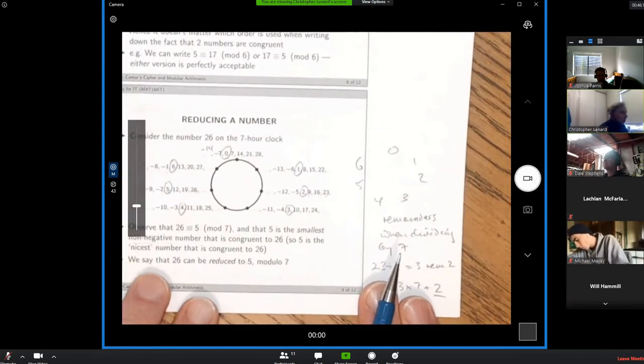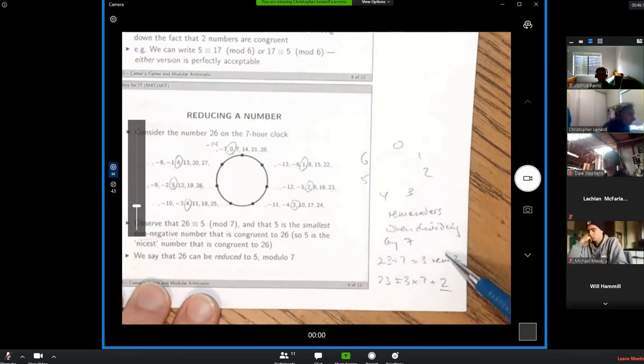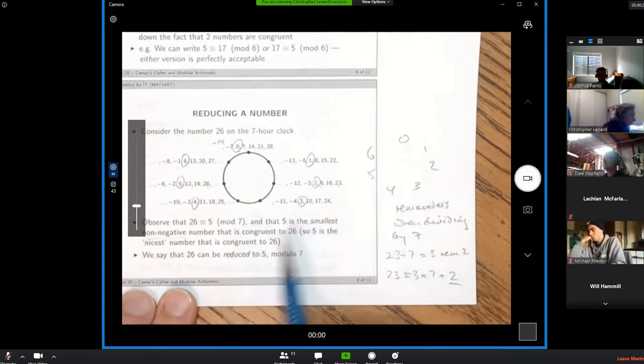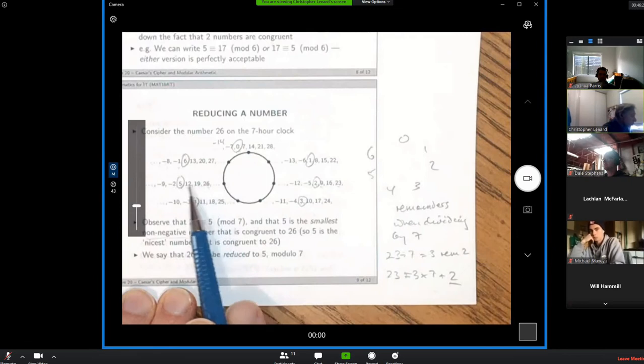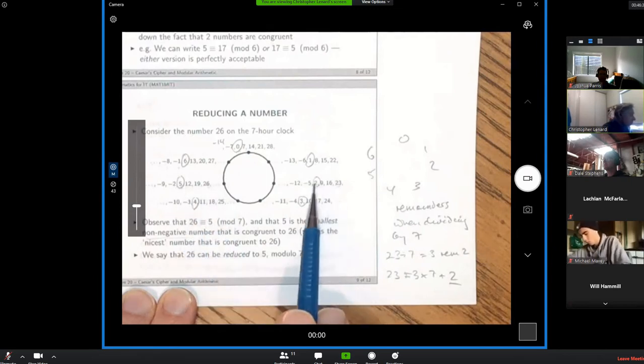So it's two different ways of looking at the same thing. I tend to think of things using this remainder. And so 26 is congruent to 5, or can be reduced to 5. 23 can be reduced to 2. 10 can be reduced to 3.